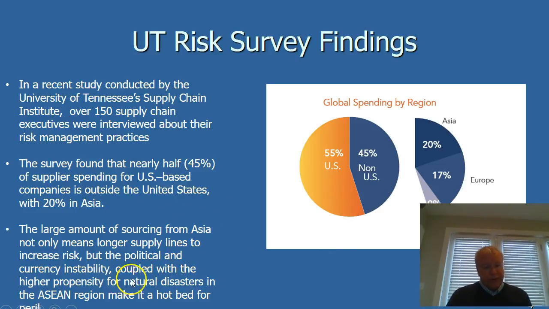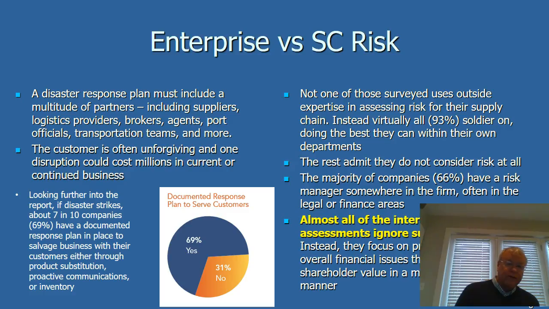The other thing is that Asia is a very big hotbed for natural disasters, whether it's volcanoes, earthquakes, or tsunamis. There's a lot of weather-related disruption that takes place out here, much more so than in other parts of the world. So that's something to keep in mind as you go through this.